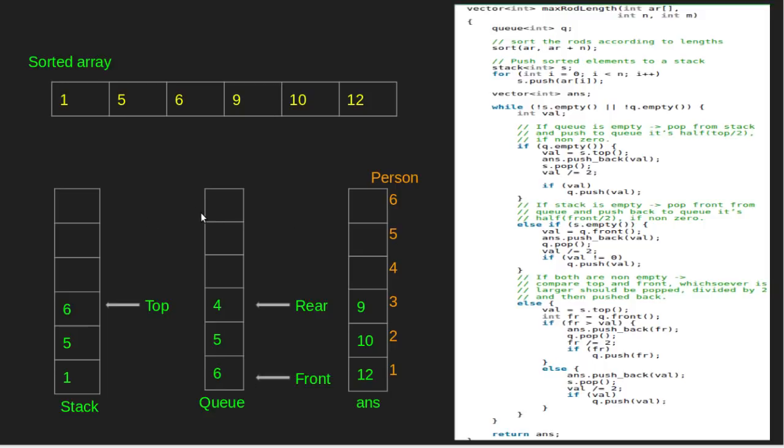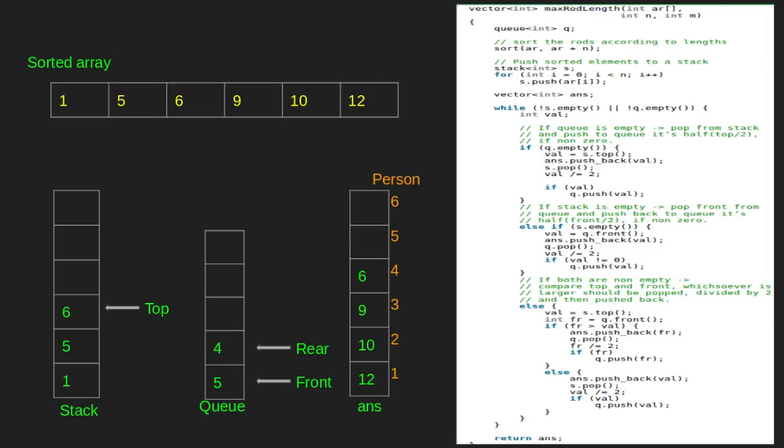Thus, the fourth person gets a rod of length 6. Now, for the fifth iteration, both stack and queue are not empty. Thus, we'll compare the top and front elements. Here, 6 is larger than 5. Thus, we'll pop 6 and push 6 by 2, that is 3, in the queue. And thus, the fifth person gets a rod of length 6.